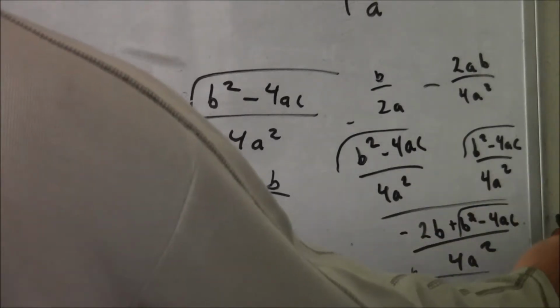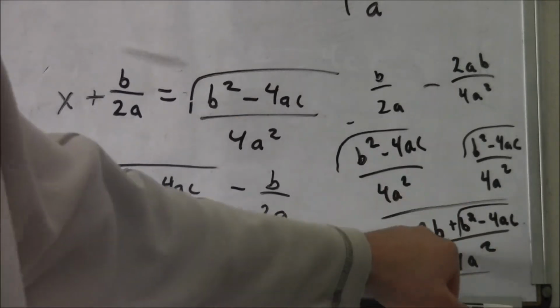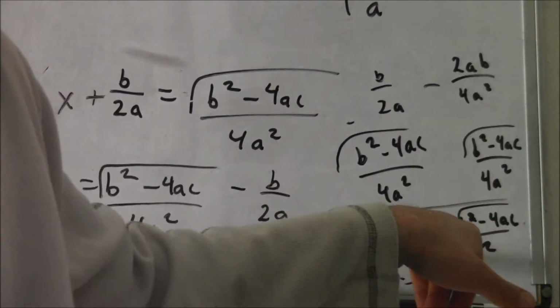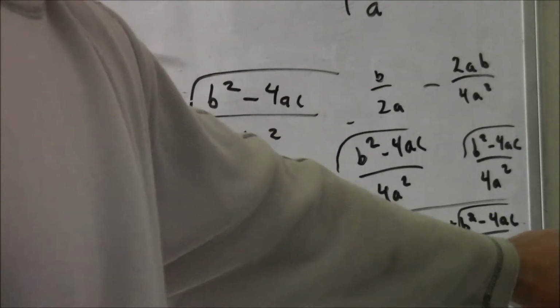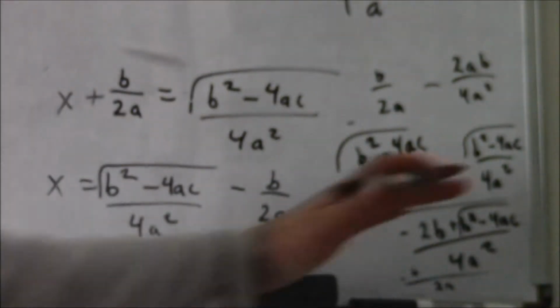Common denominator is 4a squared. And you do all your work and you end up with negative 2b plus radical b squared minus 4ac over 4a. Don't forget about your 2 over here. No, don't worry about that too. So, you have all this. This is when it gets tricky.